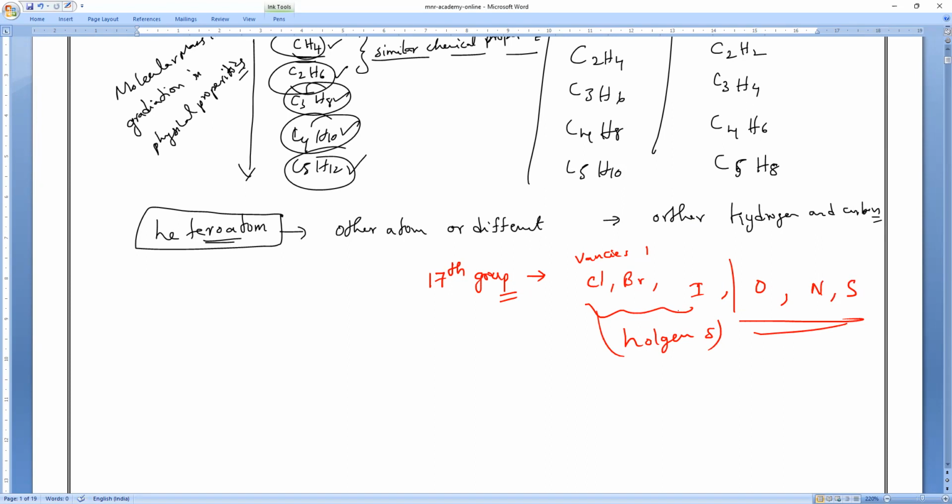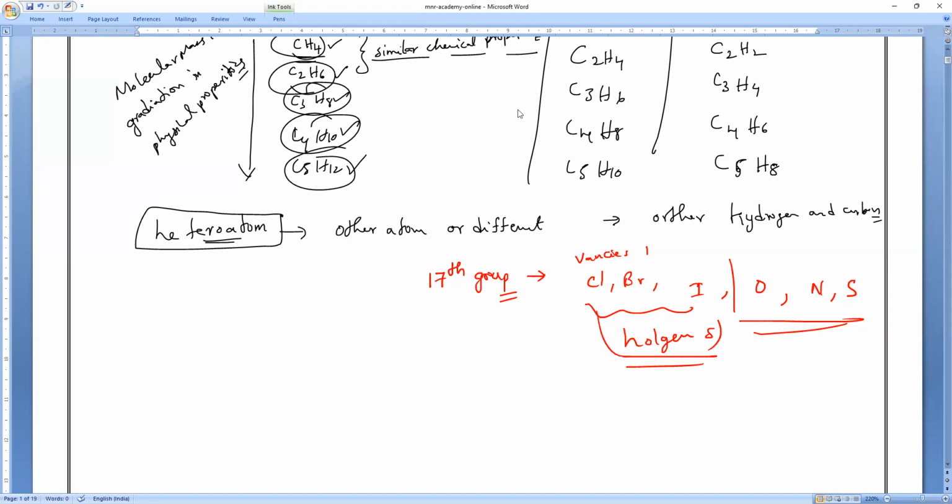We will study functional groups of organic compounds containing two types of heteroatoms. One is halogen atoms. We have only two kinds of heteroatoms in our whole class 10th.